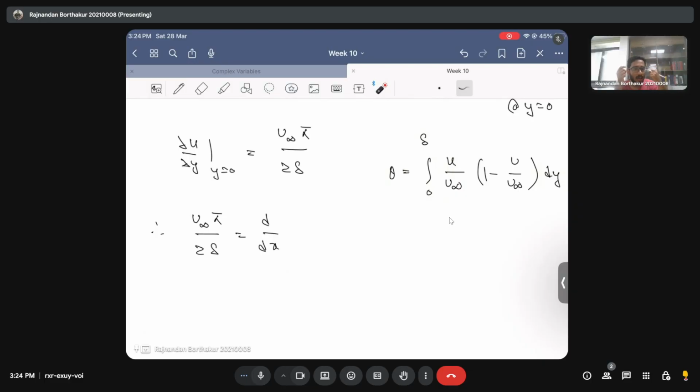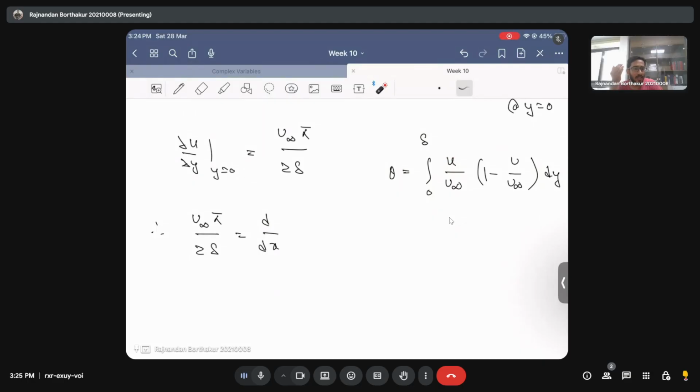Now the y variation will simply go out and theta will remain a function of x, and that's the reason why we have a simple ordinary derivative d/dx, despite the fact that u is a function of both x and y.